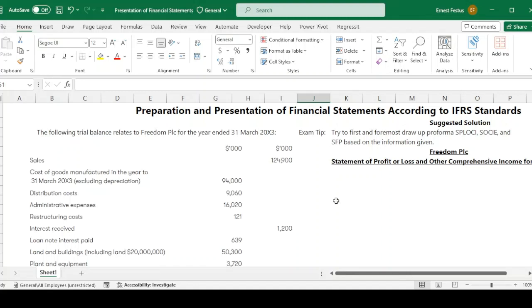Now, cash flow is covered by a separate standard, IAS 7, Statement of Cash Flows. So when it comes to the preparation and presentation of statements of cash flows, IAS 7 is the standard that covers it. The reason is that the other financial statements must comply with the accrual accounting concept, which says that transactions are supposed to be recorded as and when they occur and not when cash is received or paid.